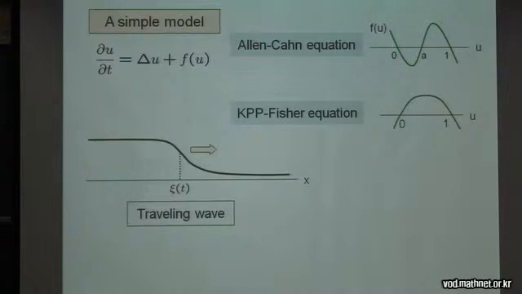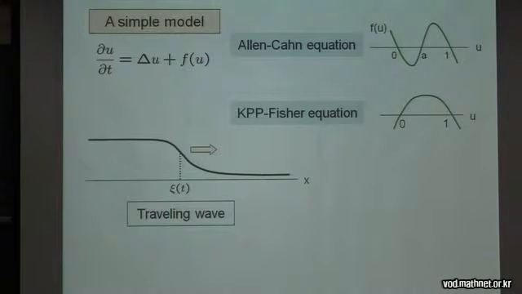So what's the difference? The difference is in the nonlinear term f of u. In chemical reaction, f of u represents the creation and annihilation of molecules by chemical reaction. So some molecules will appear by chemical reaction, some molecules may disappear.